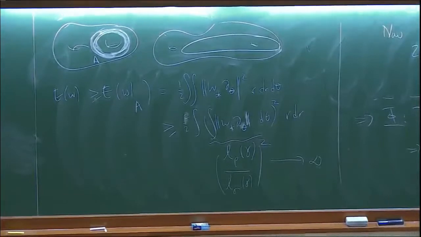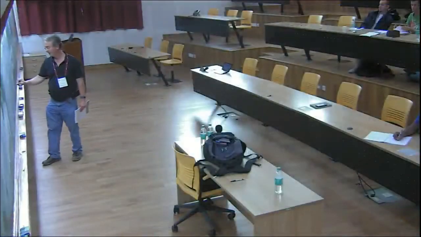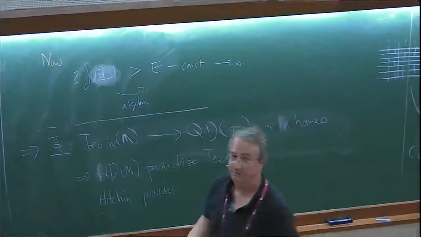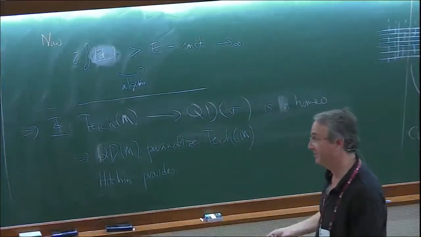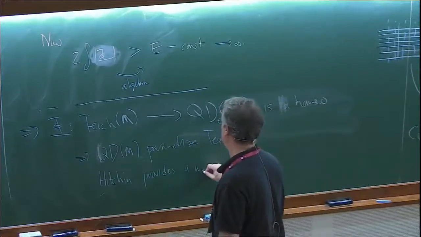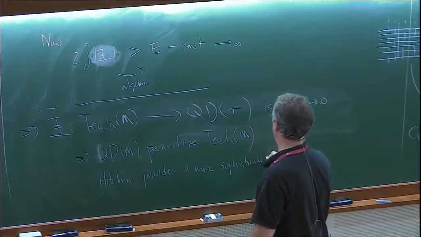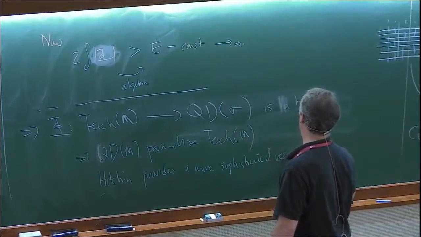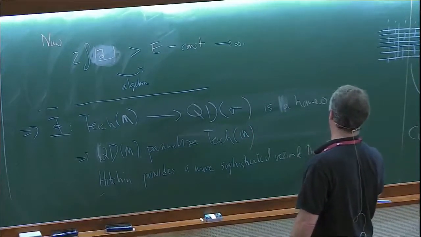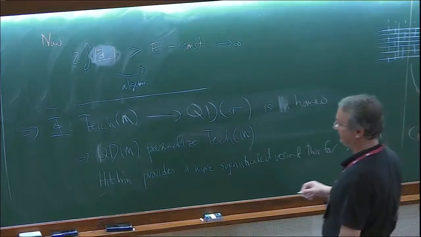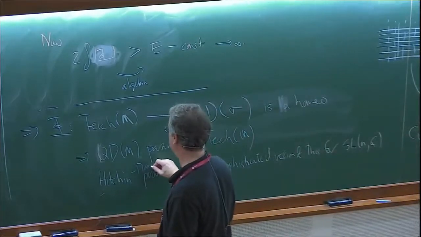Okay, so this map is a homeomorphism, and the point, again, is that Hitchin provides, with far more sophisticated arguments, a more sophisticated version of this. For, let's say, SLNC. Maybe this is Hitchin and Donaldson at this point.